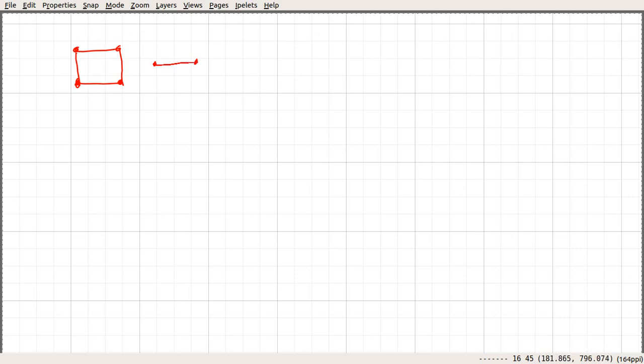We can see that this graph G is a disconnected one. If you consider this vertex U and this vertex W, for example, the distance between those two vertices is infinity, and that says this graph is a disconnected graph, right?